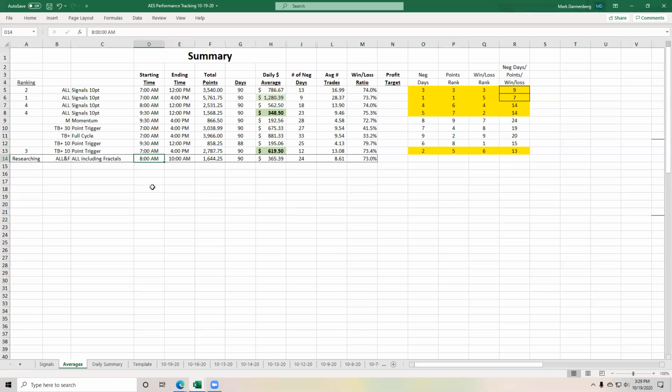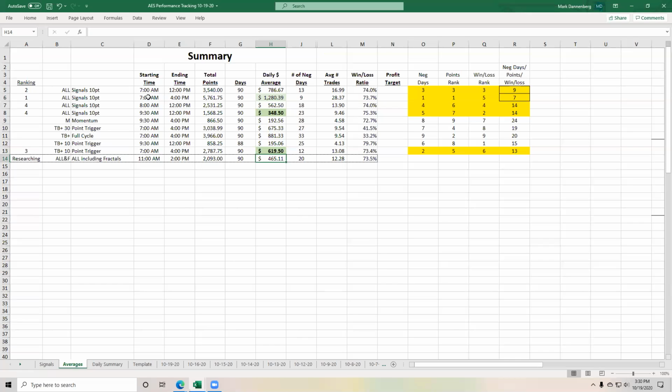We could evaluate maybe someone who says, I don't have time in the morning when the market opens, but I have time starting around 11 o'clock, and I can trade until, let's say, 2 o'clock. So that's a 3-hour time commitment, and based on 90 days worth of history, that's averaging about $465 a day. So there's a variety of ways you can slice it.